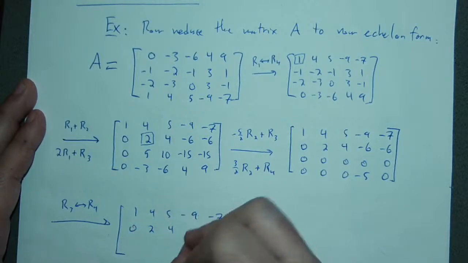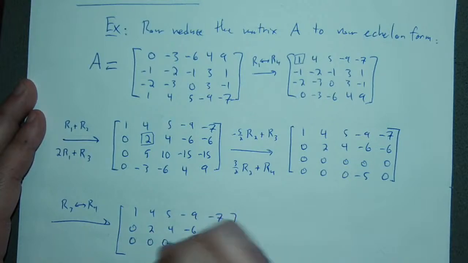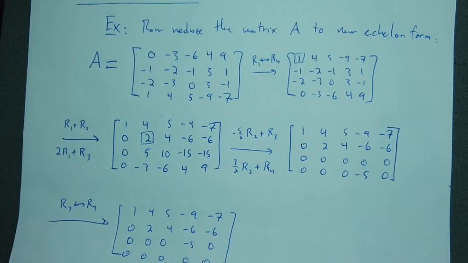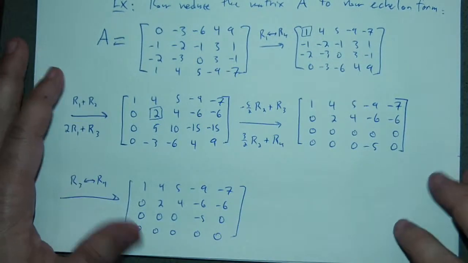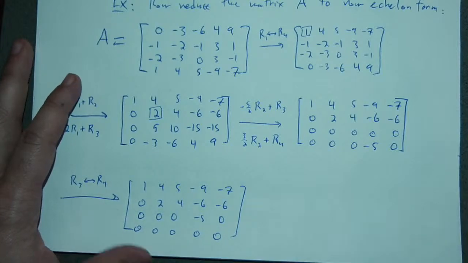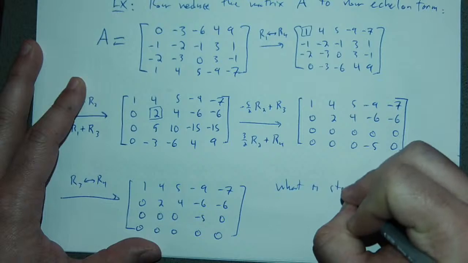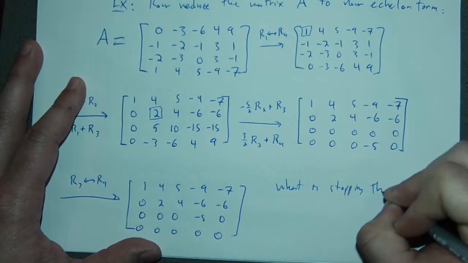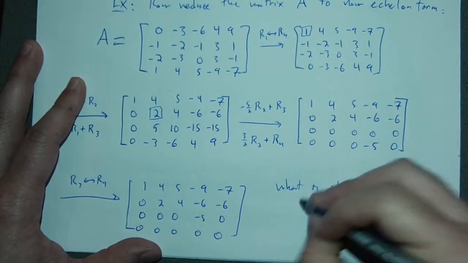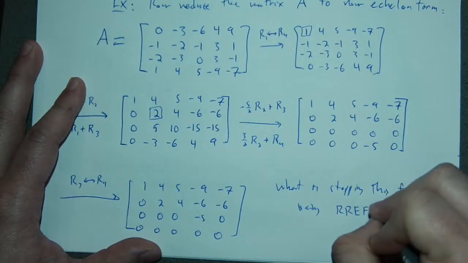Okay, so what would I do if I wanted to put this into reduced row echelon form? What would I need to do? So what is stopping this from being reduced row echelon form?